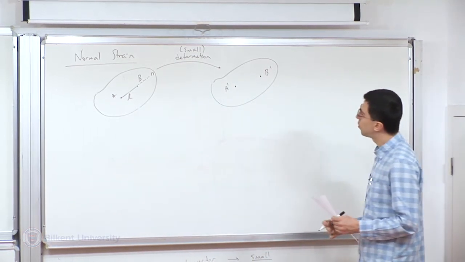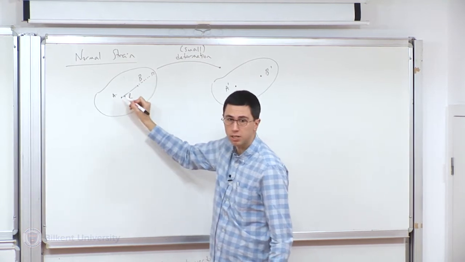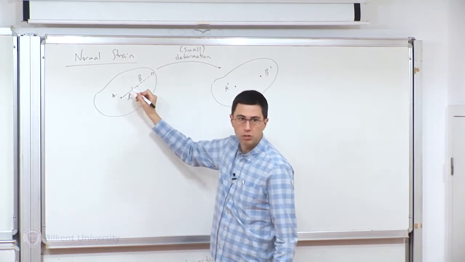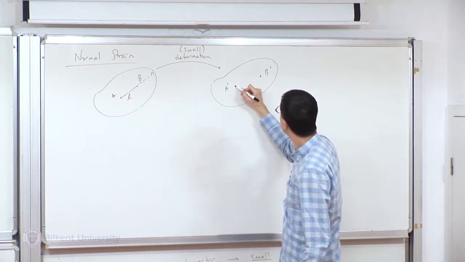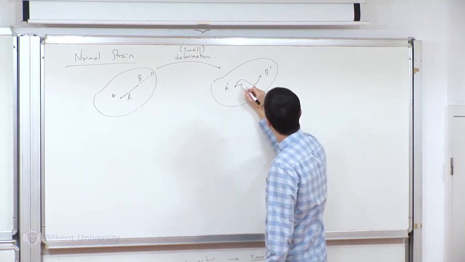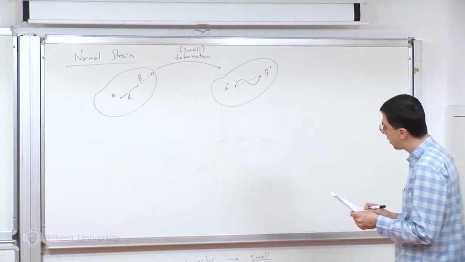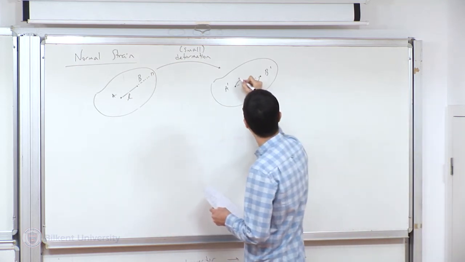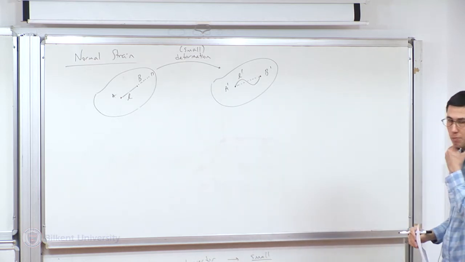A moves to a new point A prime. Suppose this was a line that I had drawn on the object. Because the object is deforming, this line will deform as well. So let's say that line looks like that. A prime and B prime are still linked by a dotted line, but the length of the actual line I had drawn is now different. It's L prime.